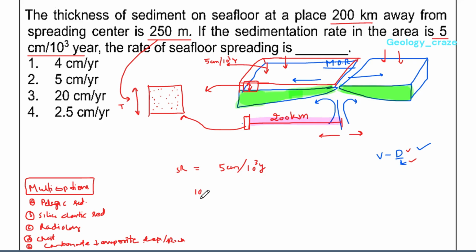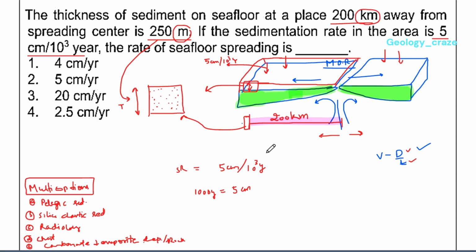Now 10 to the power 3 means 1000 years. How much do the sediments get thick? 5 centimeter. Our answer is in centimeters, so we will convert this meter and this kilometer into centimeter.